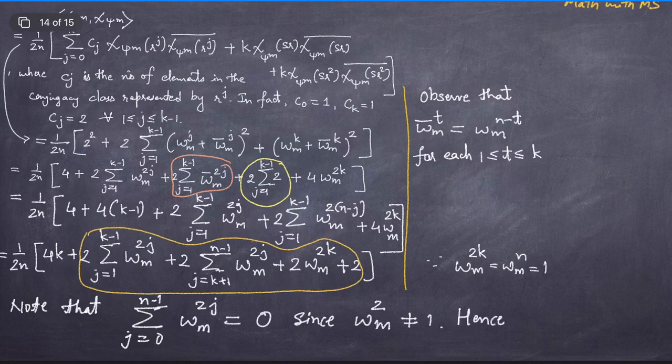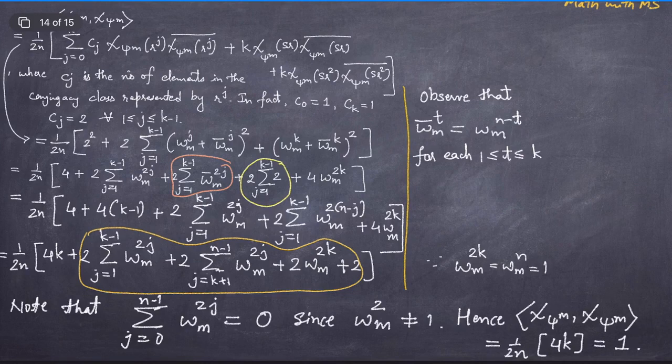Hence the inner product of chi of psi m with itself is equal to 1 by 2n times 4k, which is precisely 1.